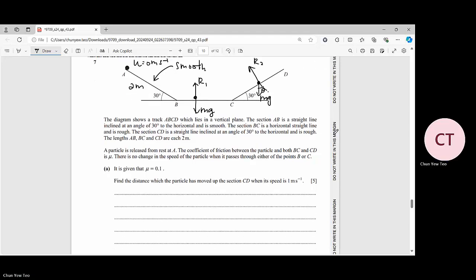So we need to find the forces on BC, resolving vertically. We have R1 equal to mg, then the frictional force will be 0.1.